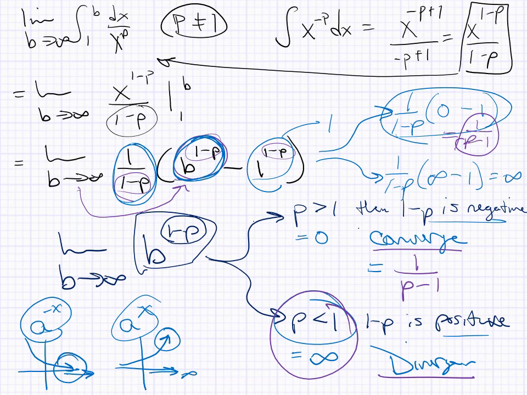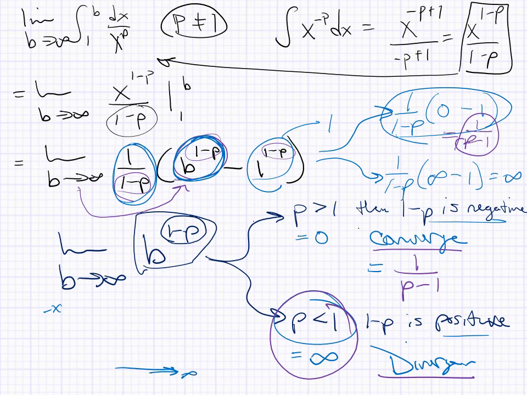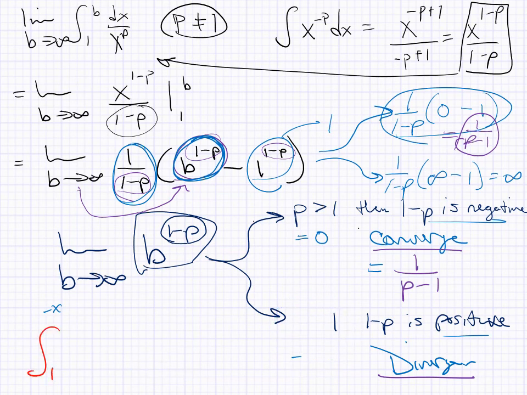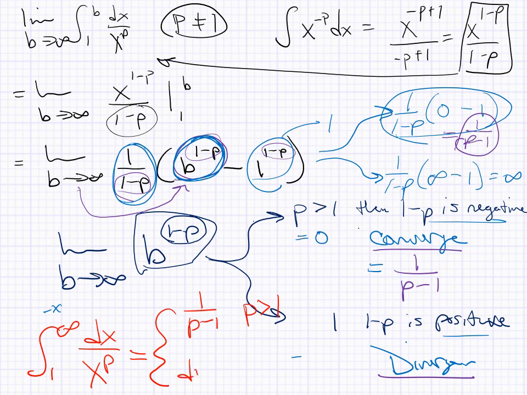Let's erase some of this and get some space: if we do the integral from 1 to infinity of dx over x to the p, it equals 1 over p minus 1 when p is greater than 1, and it diverges when p is less than or equal to 1.